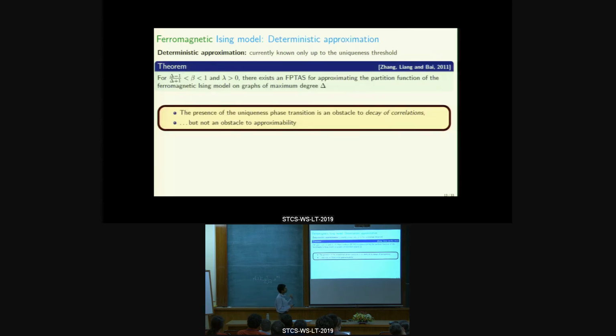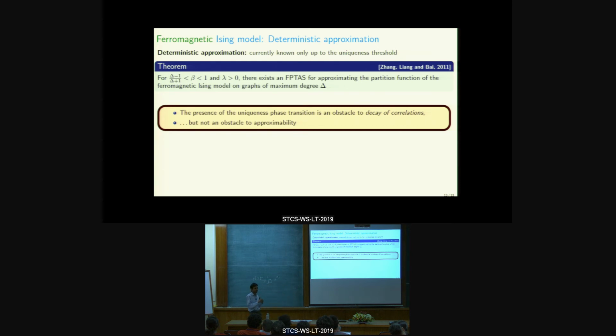But if you are looking at those deterministic kinds of algorithms, the kind of algorithms that worked for the independent set and the anti-ferromagnetic Ising model, then they see that. And so the best known deterministic algorithm for a long time for the ferromagnetic Ising model just worked up to the uniqueness threshold, the correlation decay threshold.